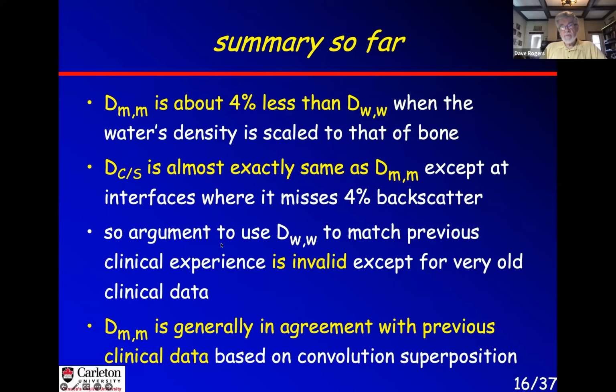And so the arguments in whether or not to use dose to water or dose to medium, which said that you wanted to match previous calculations or previous clinical results, is actually invalid unless you were talking about very old clinical data, clinical data based on equivalent tissue air ratios, for example.